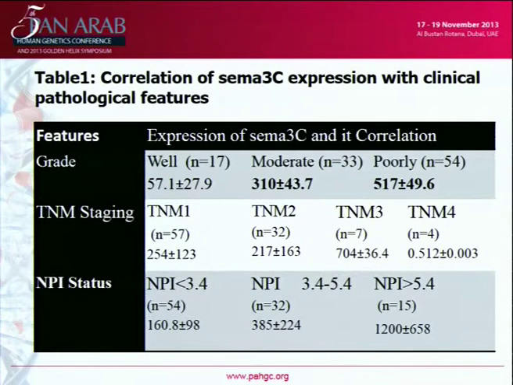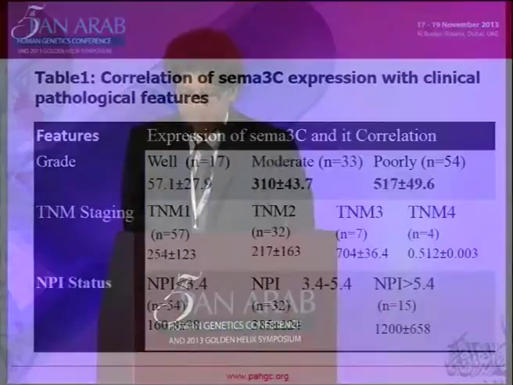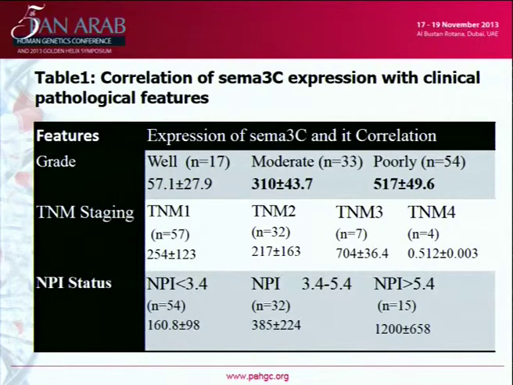My results for the clinical study: in grading, I found a strong, significant correlation with advanced grades; in poorly and moderately differentiated tumor samples, the expression of semaphorin 3C was higher. I haven't observed any significant correlation of semaphorin 3C with TNM staging and Nottingham prognostic index values.